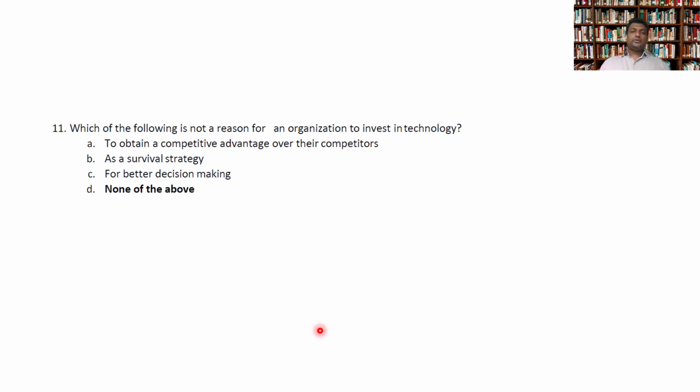Which of the following is not a reason for an organization to invest in technology? Why do organizations invest in technology? With technology, can you get a competitive advantage over the competitors, as we also saw in an earlier question? Yes, you can.